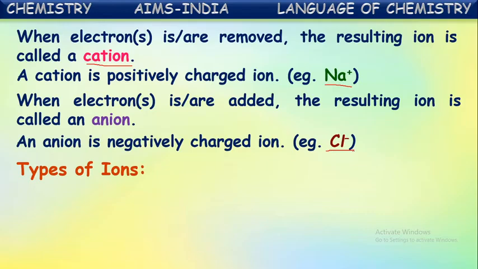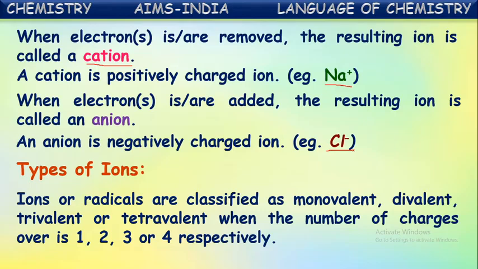Now let us see the types of ions. Ions or radicals are classified as monovalent, divalent, trivalent, or tetravalent when the number of charges over them is 1, 2, 3, or 4 respectively. Cations and anions are formed by gaining or losing one or more electrons.